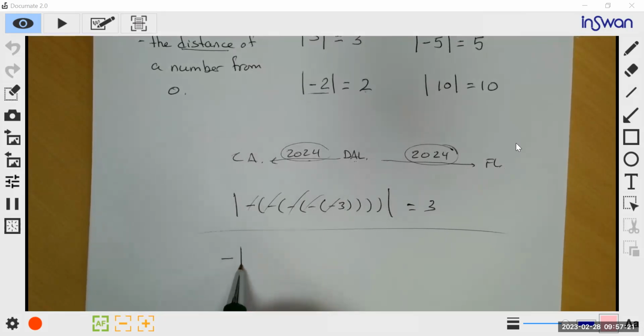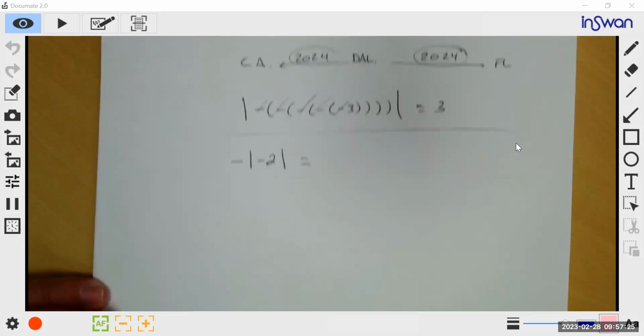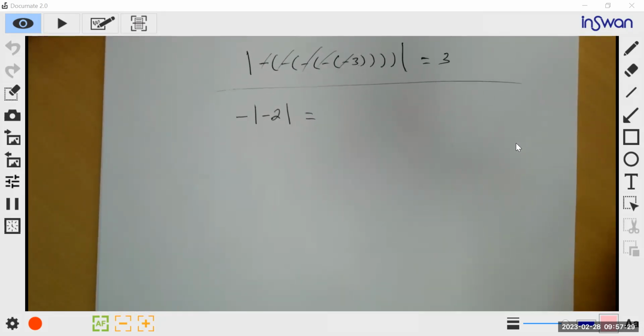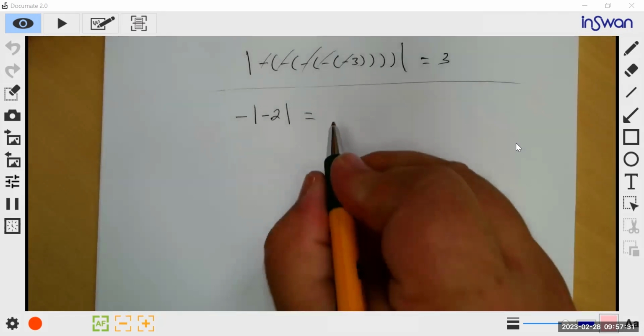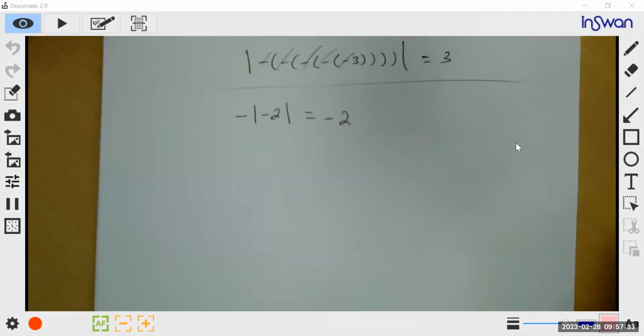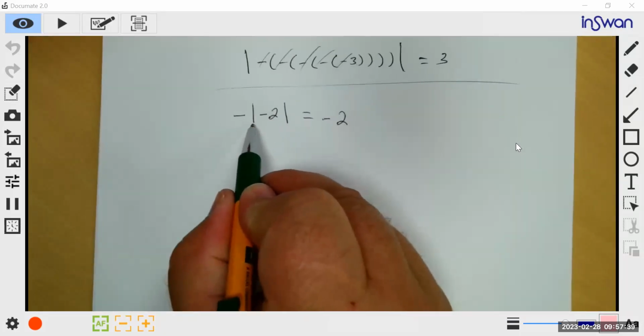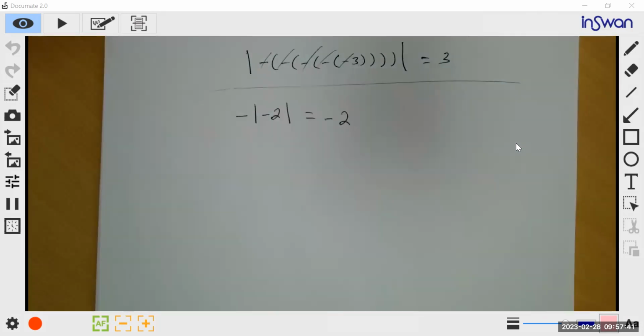How about this? Is it always that way? Well, no, and we're talking about this later in this chapter, it's the order of operations.